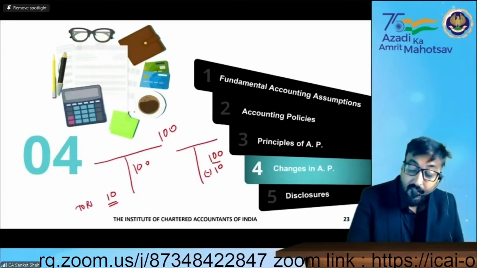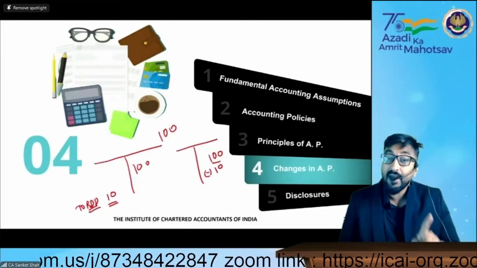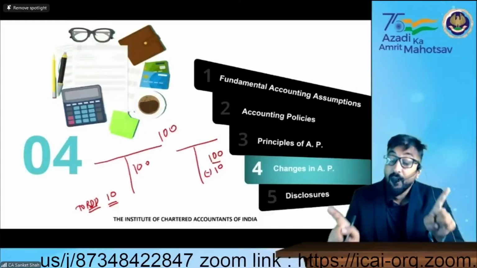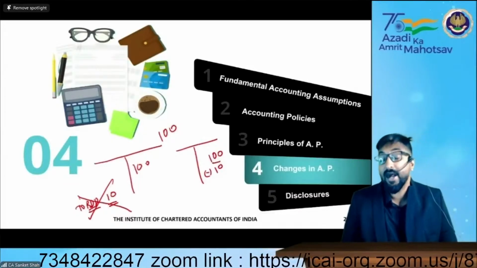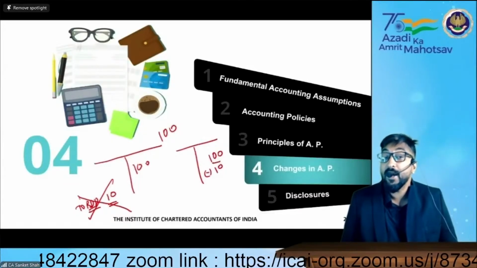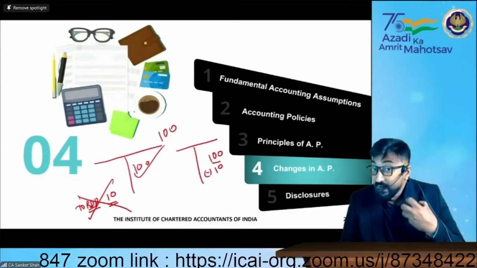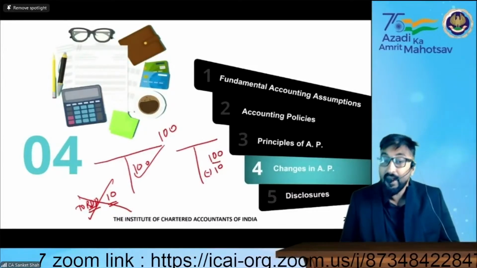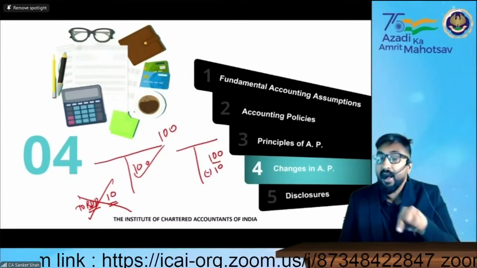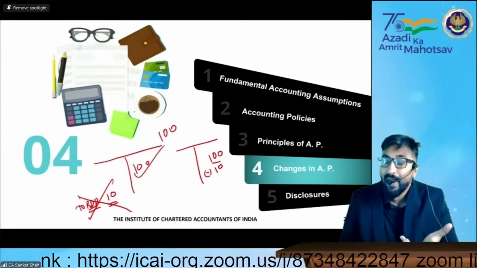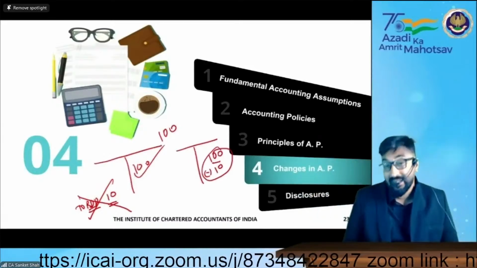And in income tax, this provision is not allowed. Income tax and accounting are not following the same principle. In income tax, reserve for doubtful debts or provision for doubtful debts is not allowed. You have to pay tax on 100. But suppose it turns into bad debts, then income tax allows it when there is actual bad debt. And in accountancy, when there is actual bad debt, you will record ₹90 as a loss in the next year.